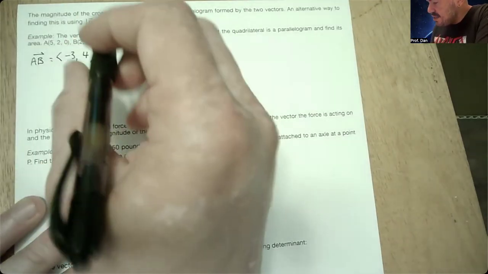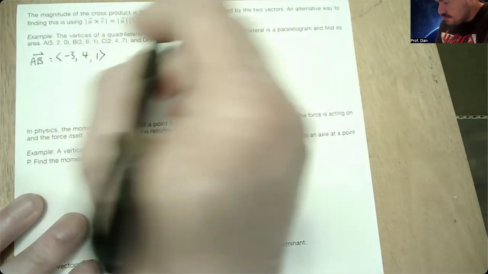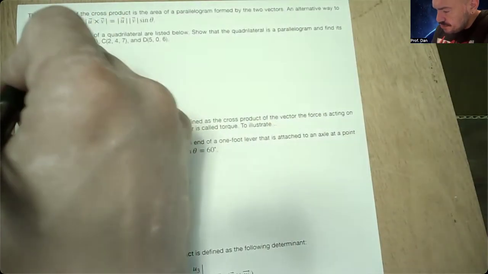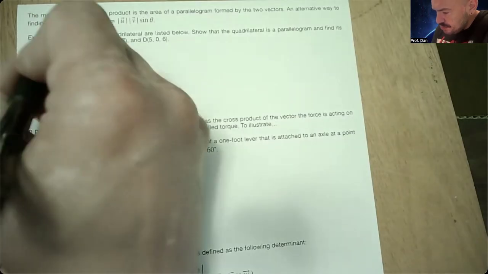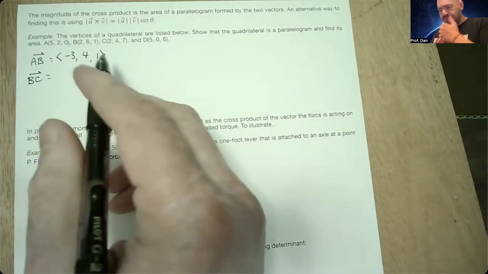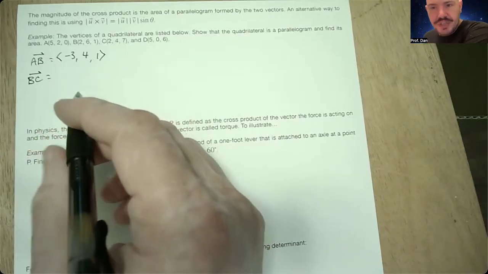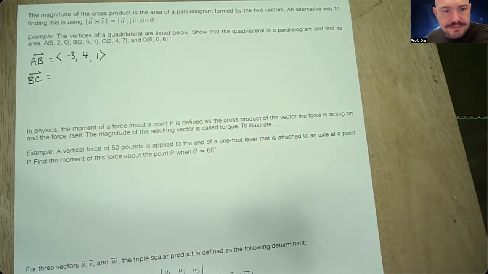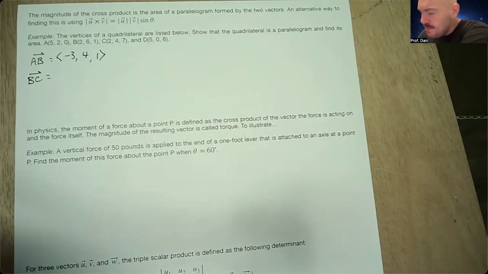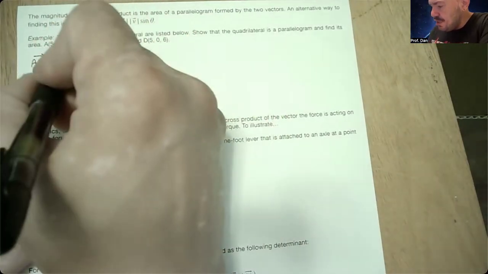Next, let's say that I use BC as another side on my parallelogram. Here B is the initial, C is the final.